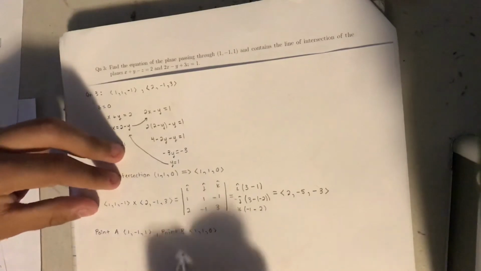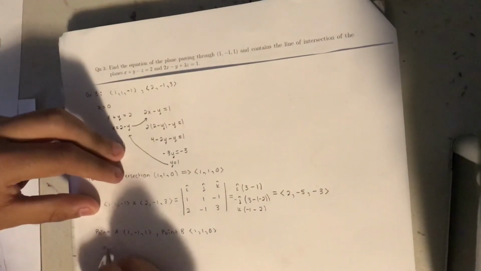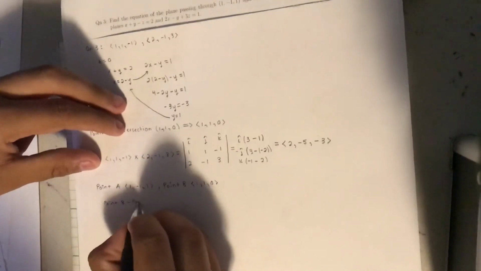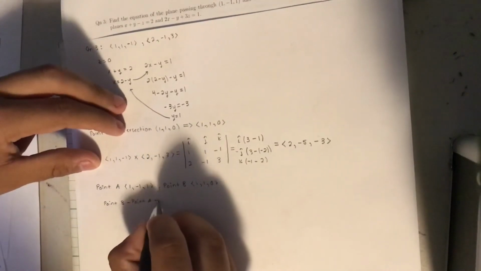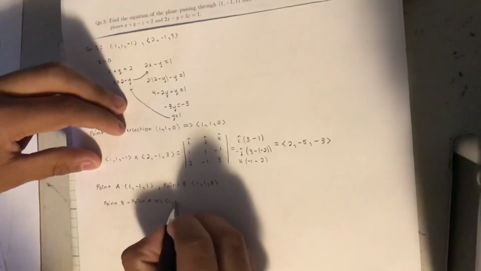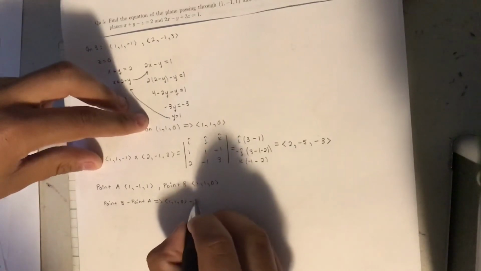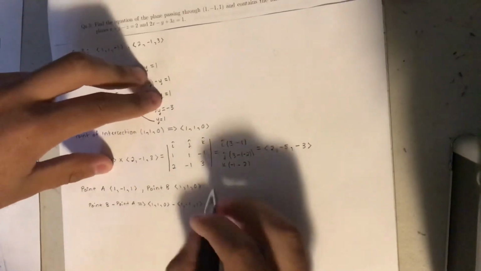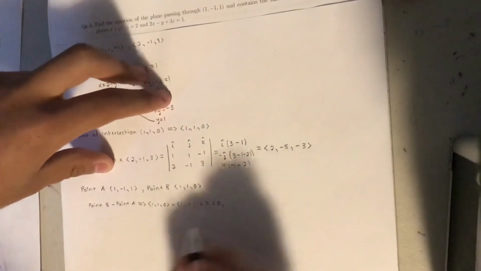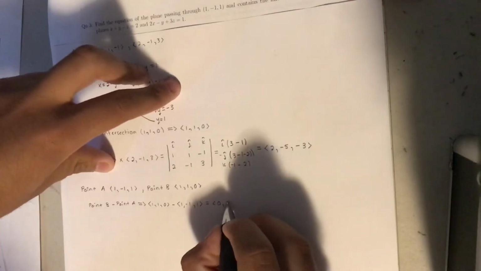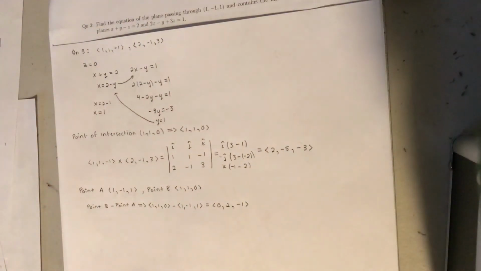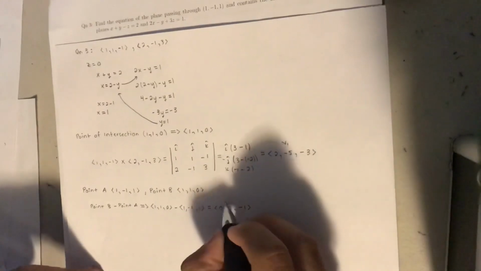So we can subtract point A from point B, which gives us (1, 1, 0) minus (1, -1, 1), which equals 1 minus 1 is 0, 1 minus -1 is 2, 0 minus 1 is -1. So we found the two vectors, v1 and v2.